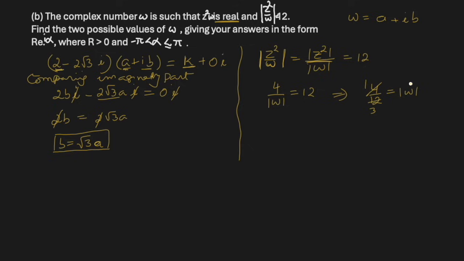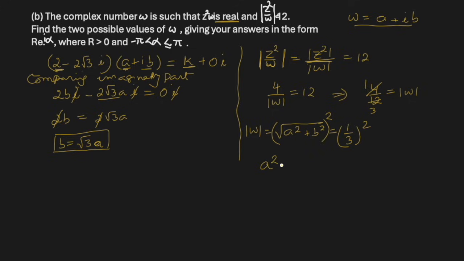Now, how do we find the modulus of this one? This is w, right? Omega. So it will be square root a square plus b square, which is the magnitude of omega, equal to 1 over 3. Okay. Now we will square both sides to get rid of this square root.